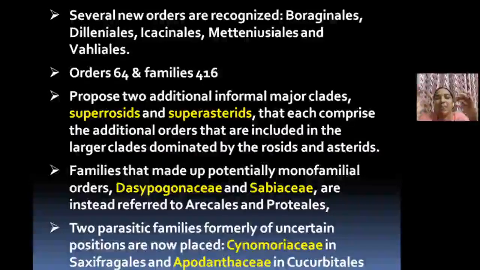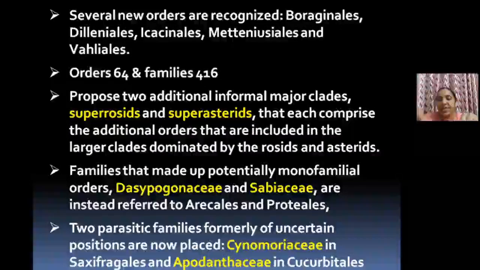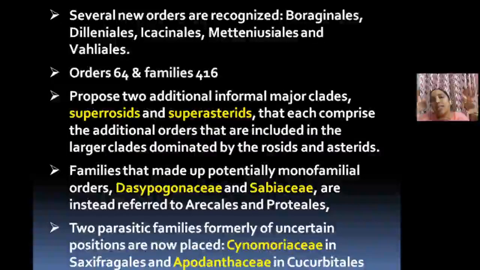Then families with a monofamilial order, meaning a single family, are included in Daciaceae, Pogonaceae and Sabiaceae under the orders Aricales and Proteales. Then another point: parasitic families usually in uncertain position are included, Cynomoriaceae and Apodanthaceae, one in Saxifragales, another in Cucurbitales. So these are the important changes that occurred in APG4.